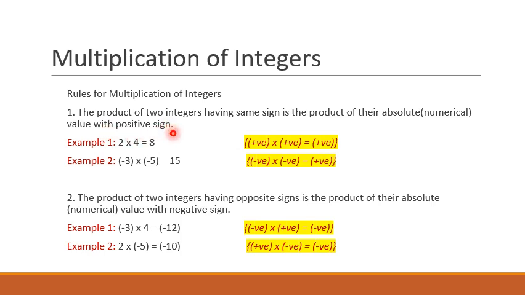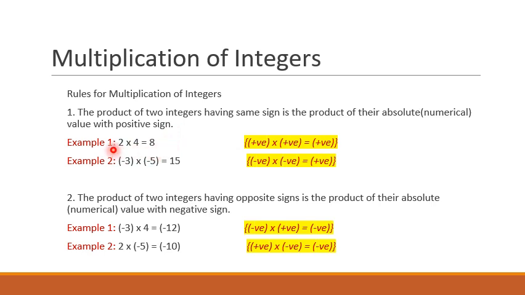Now what does it mean? It means if I multiply any two integers which have same sign, say if both of them are positive or both of them are negative, then we should multiply the numerical values of the integers and put a positive sign to the answer. Now let's see examples and then it would be clear to you.